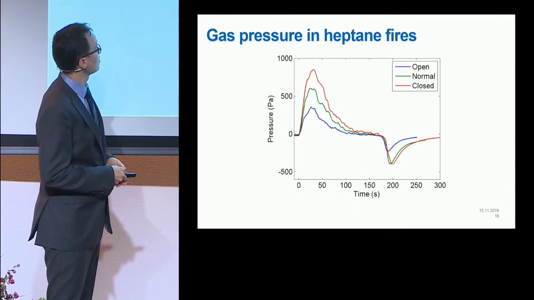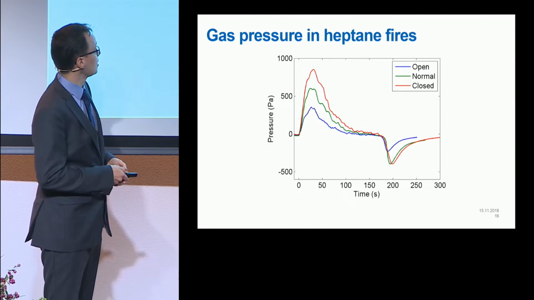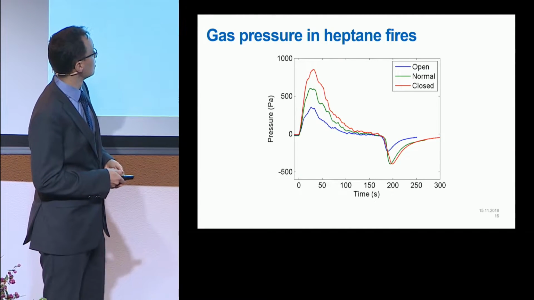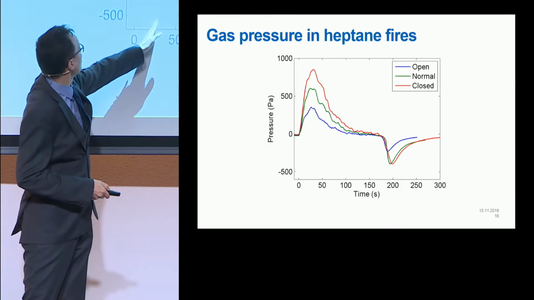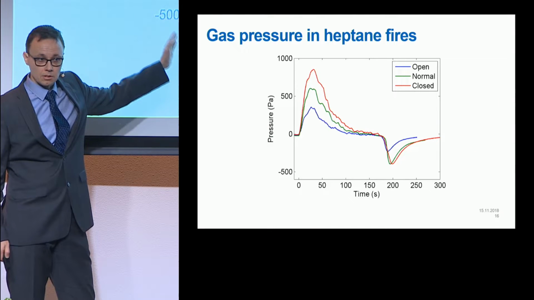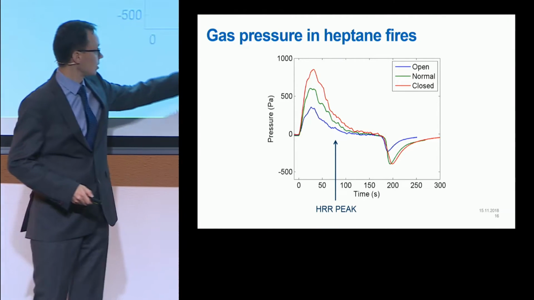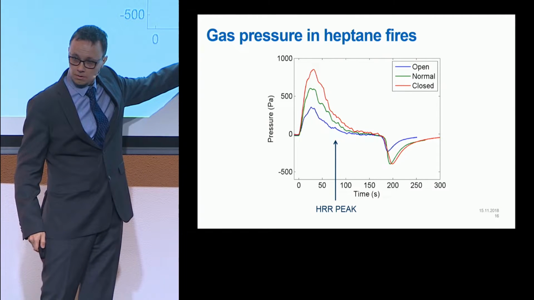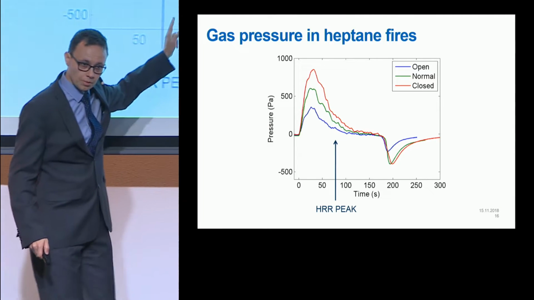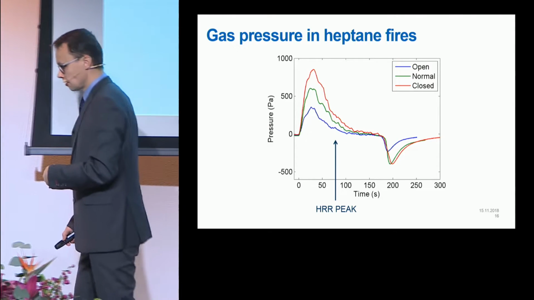We see that the pressure develops, first of all, very quickly. We reach the peak pressure in about 20, 30 seconds, after which the pressure starts to decrease. Please note that the heat release rate peak was here. So the pressure peaks before the heat release rate and then starts to decay.